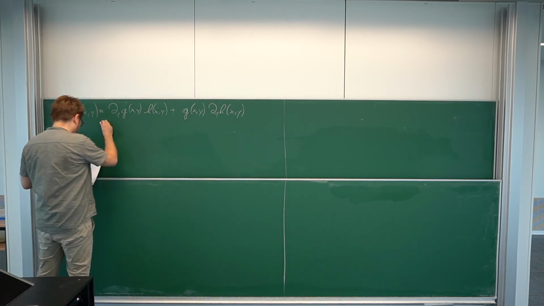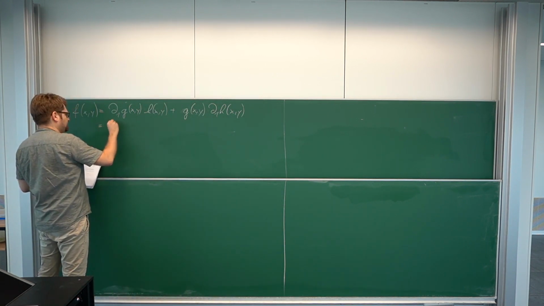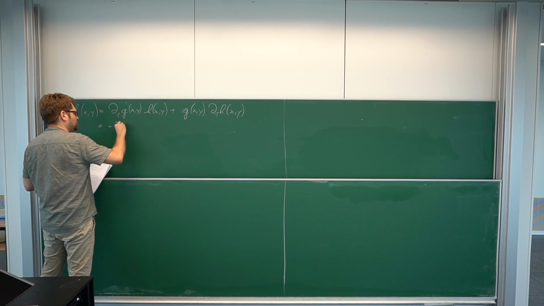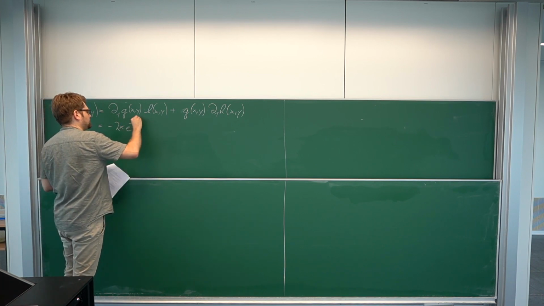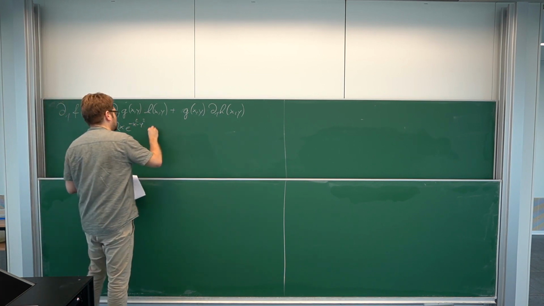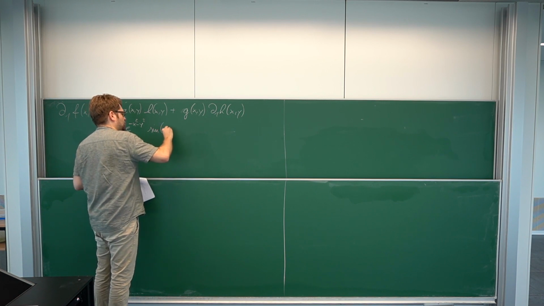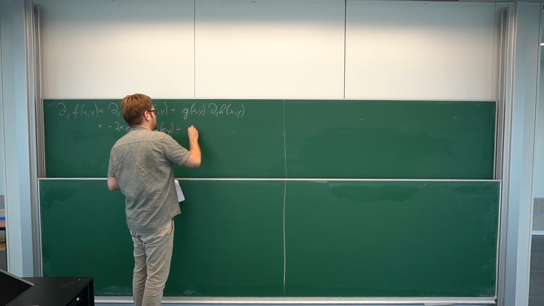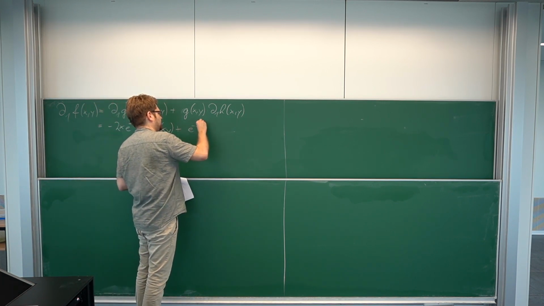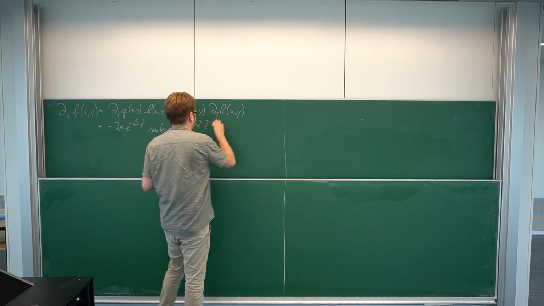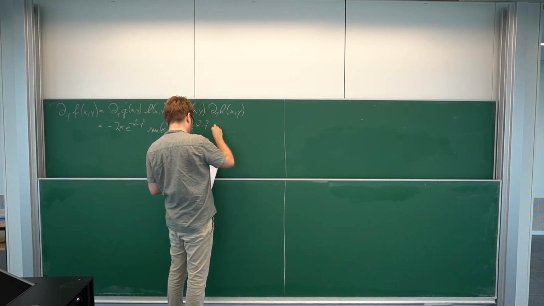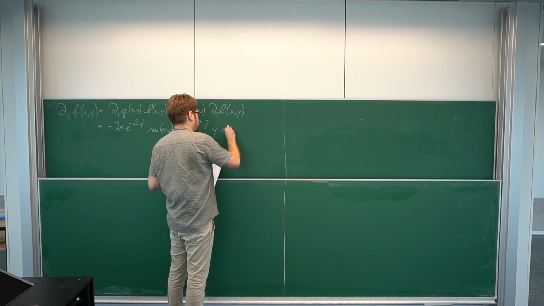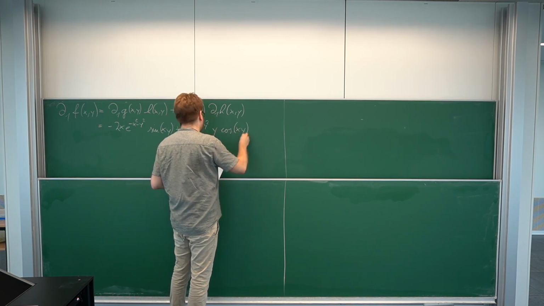Here we had this derivative was minus 2x e to the minus x squared minus y squared times h, which was just the sine of xy. And here we have e to the minus x squared minus y squared, and here the derivative of that, which is y times the cosine of xy.